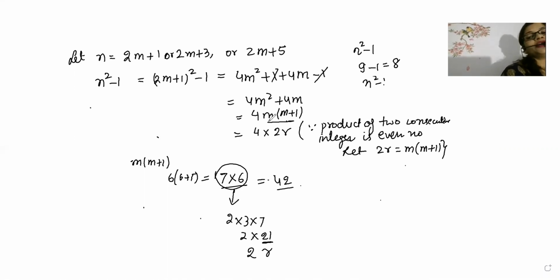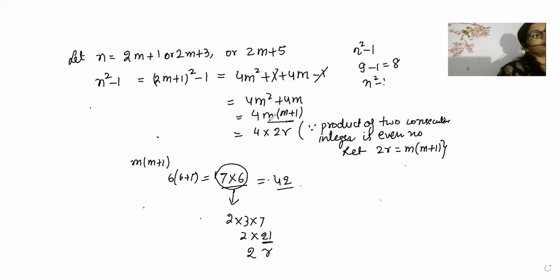So here m into m plus 1 is a consecutive number. You put any value there instead of m, you will check that consecutive numbers are coming. 6 and 7; if you keep 5, Renu, then it is 5 and 6, again 6 is an even number. An even number multiplied by an odd number will always give you an even number.